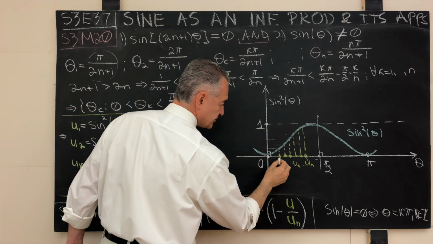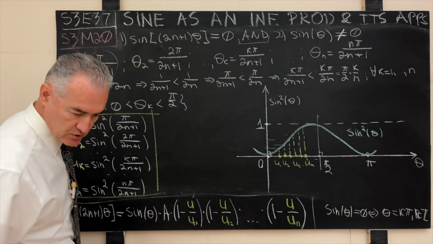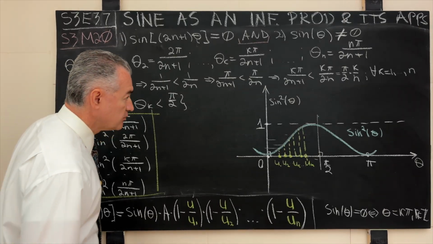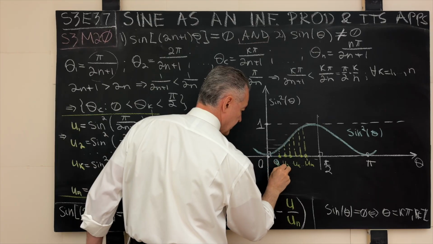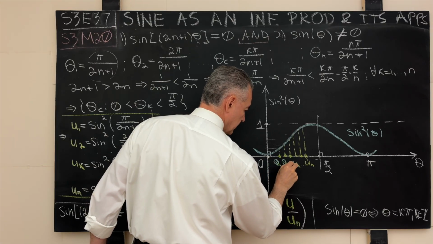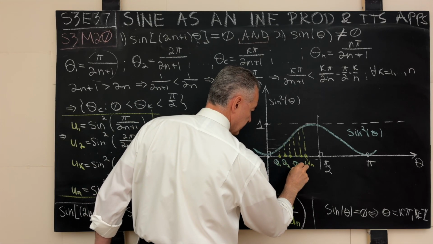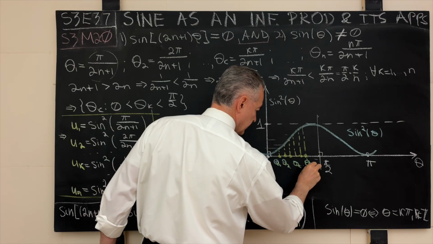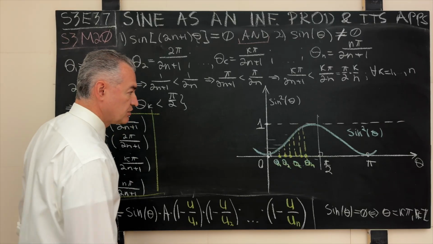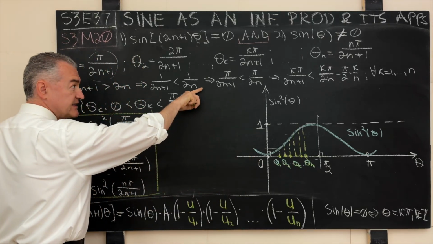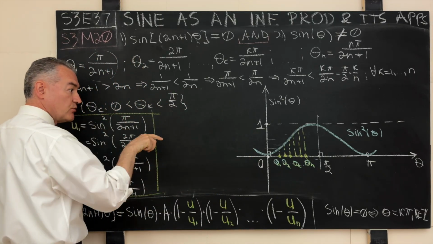And then, maybe I should have written these numbers: these are the angles theta 1, theta 2, theta k, theta n, and then this is how our roots are positioned over here, distinct and monotonically increasing with k.